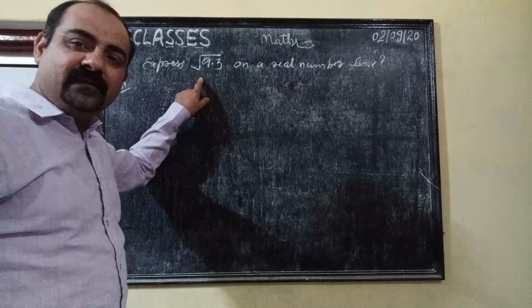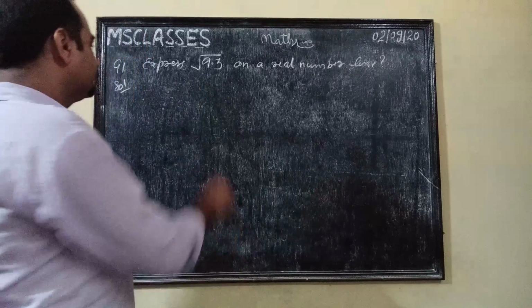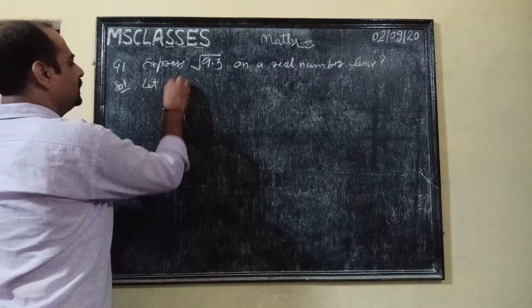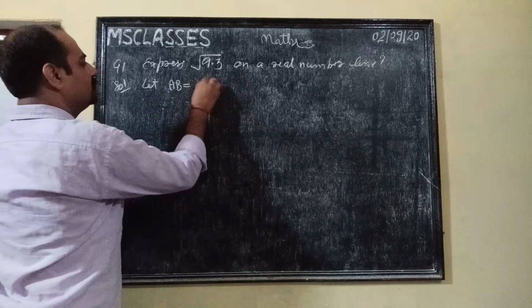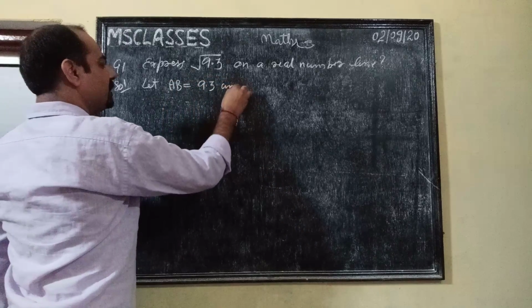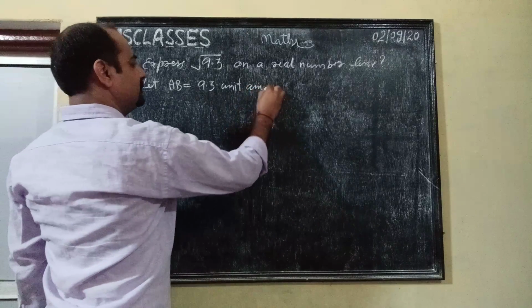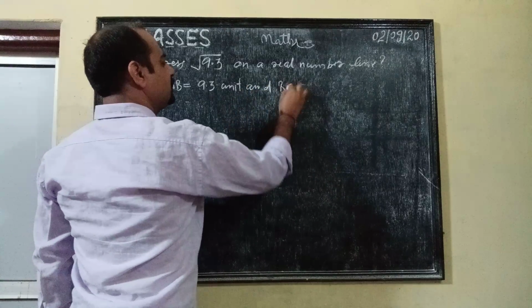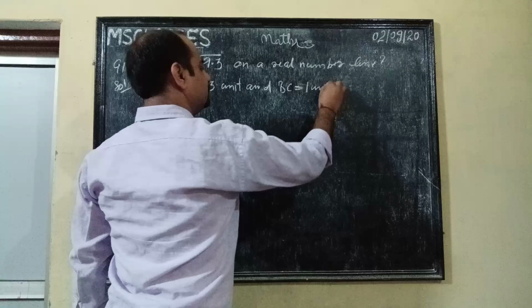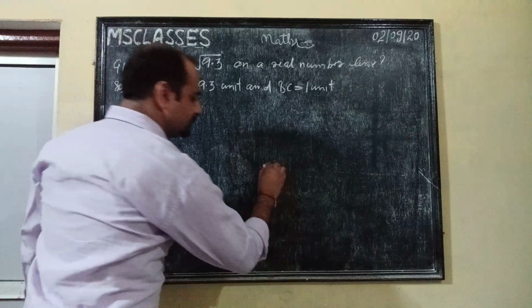first of all we have to take line AB. Let AB is equal to 9.3 unit and BC is equal to 1 unit. So draw a structure.